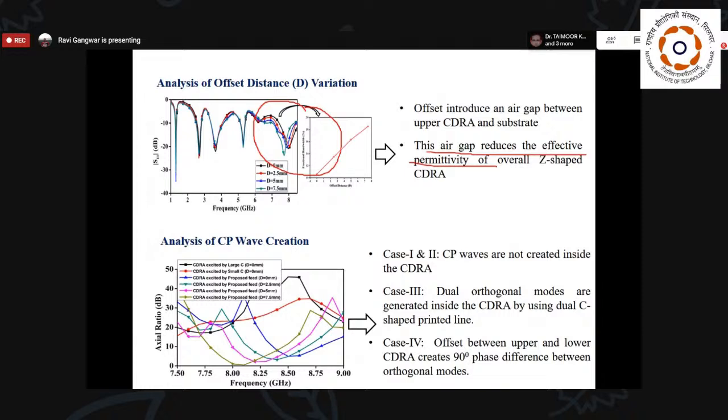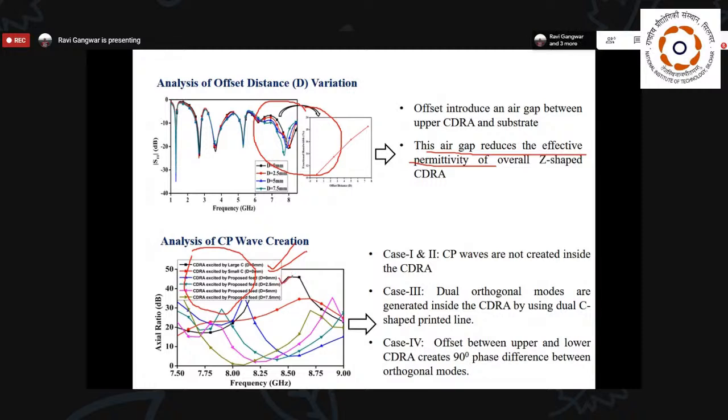Now, the analysis of circular polarization creation. Here, I have gone through different cases of the proposed antenna. In case 1 and case 2, with either the larger C shape or the smaller C shape, we are not able to generate circular polarization.